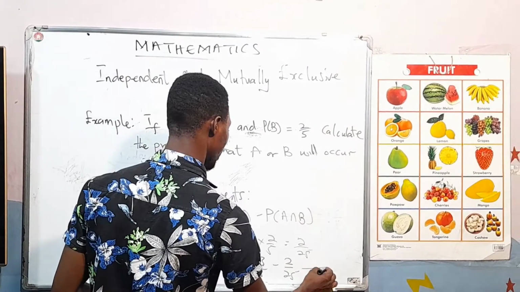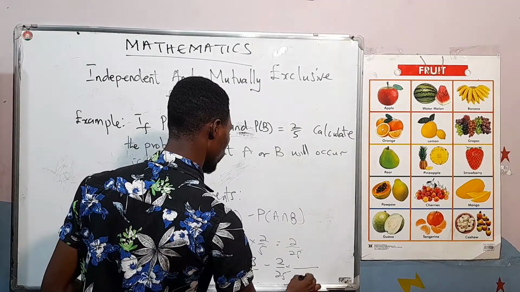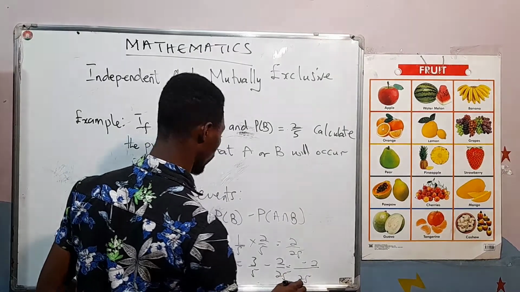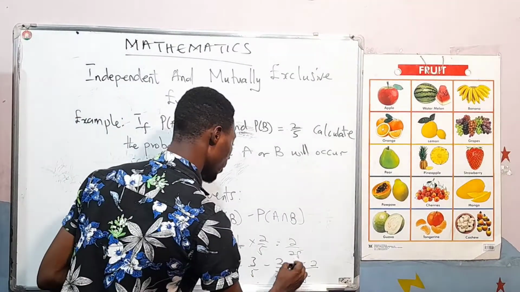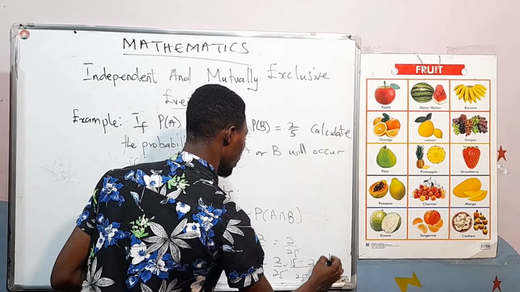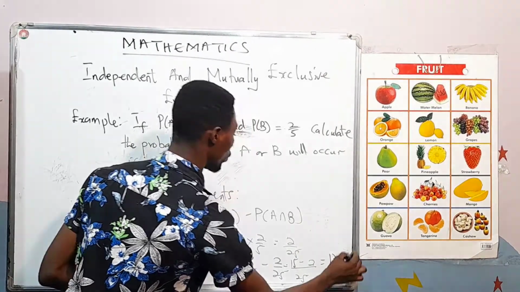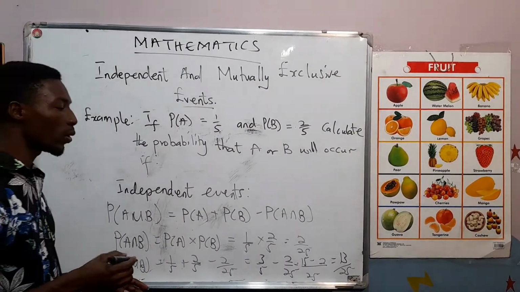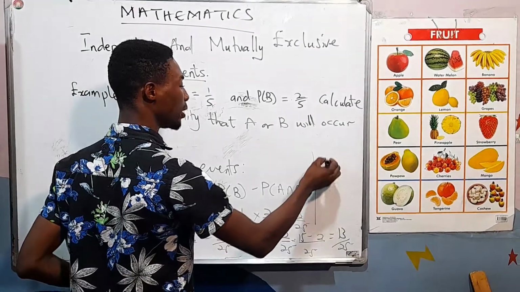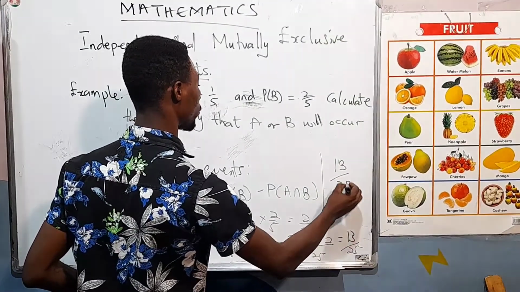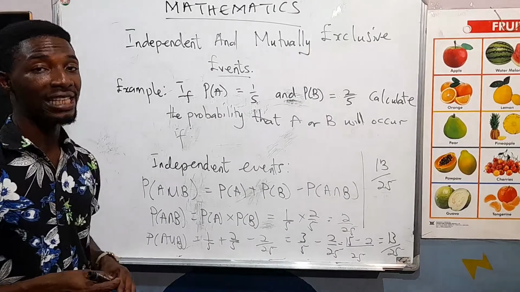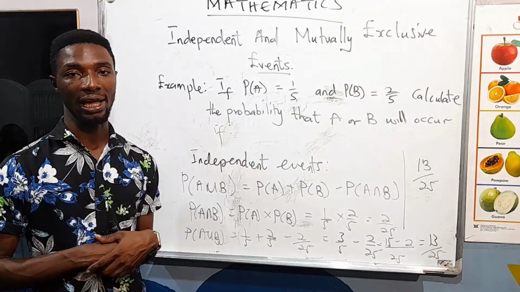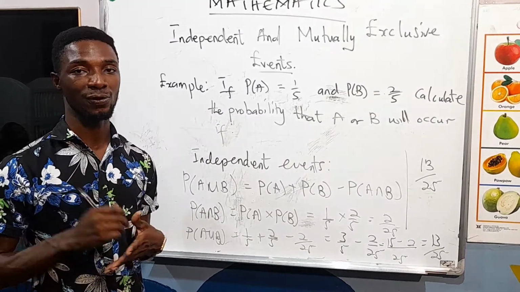And that gives us 13 out of 25. So the probability that A or B will occur has been found to be 13 out of 25. So if the two events are independent, then the probability that one of them will occur or both is 13 out of 25.